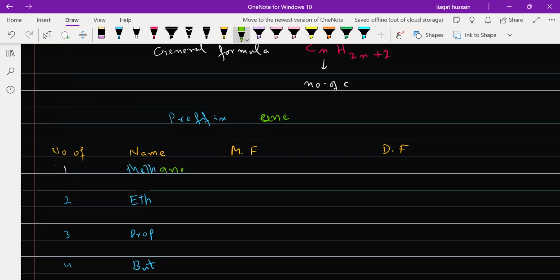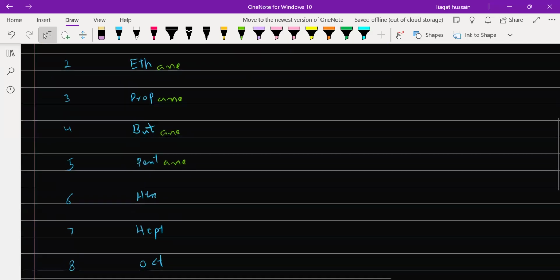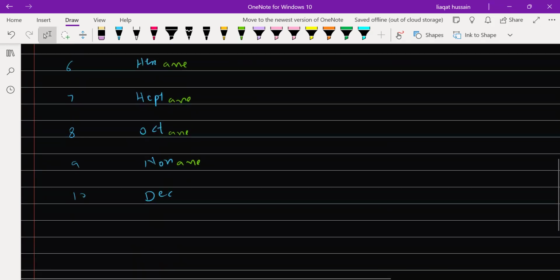This will be known as methane, ethane, propane, butane, pentane, and it represents the single bond between the carbon-carbon atoms and carbon-hydrogen atoms. Hexane, heptane, octane, nonane, decane.